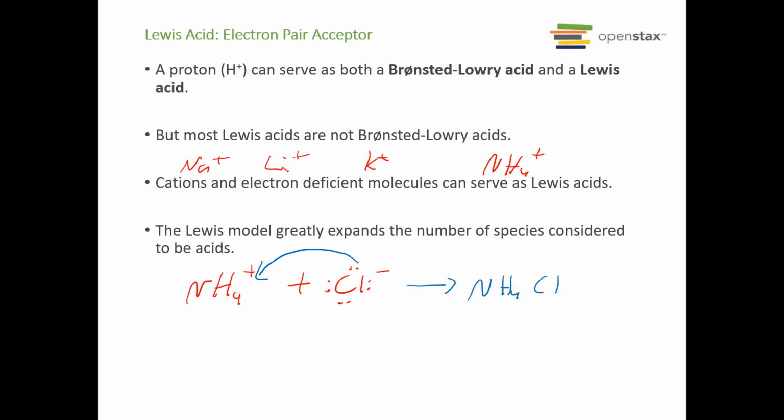So in this example, the ammonium would be acting as a Lewis acid, but it would not be a Bronsted-Lowry acid because it doesn't take a proton from chlorine. And the chlorine would be the Lewis base.